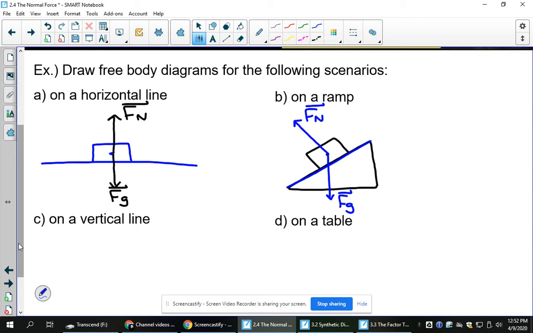Now, what's keeping this box from sliding down the ramp? Well, we're going to learn later about a force of friction that's keeping it from sliding down the ramp. And what we aren't covering, but some of you may be interested in learning more, is that this force gravity can be broken into these vectors.